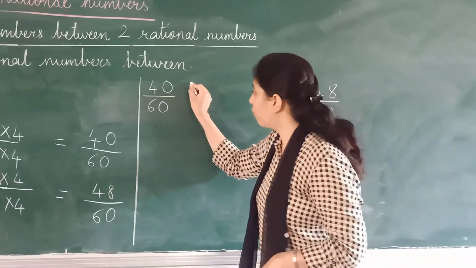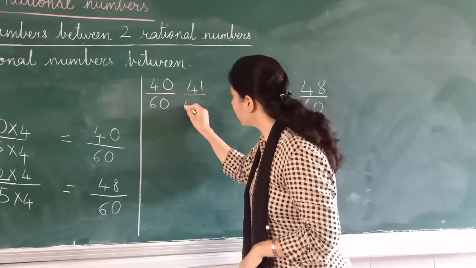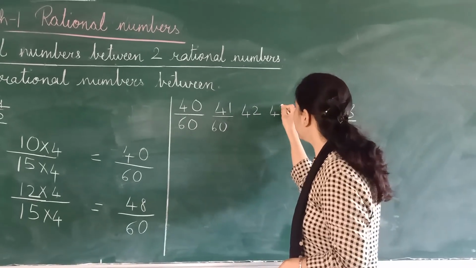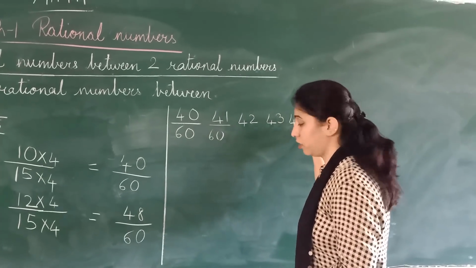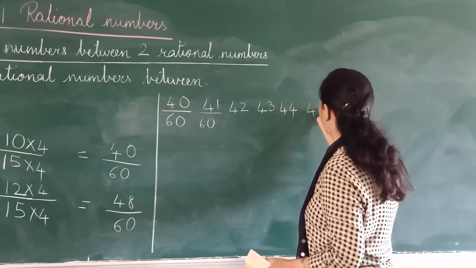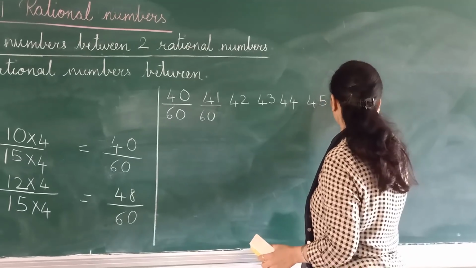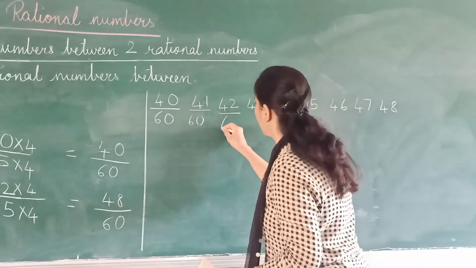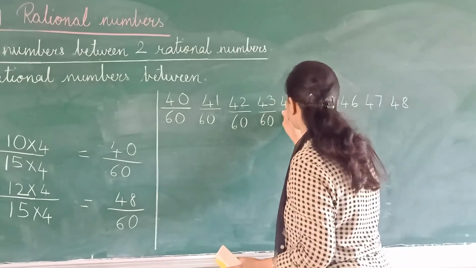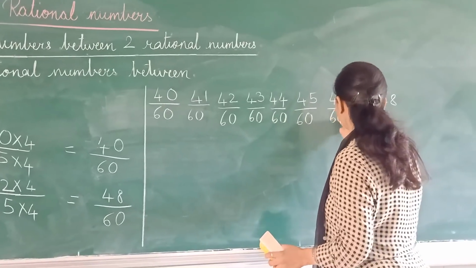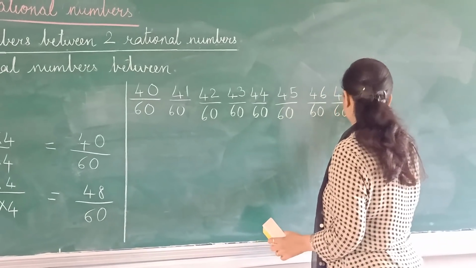Okay, start now. 40, 41 upon 60, after 40, 41, 42, 43, 44, 45, 46, 47 and 48. So your denominator is same, that is 60.